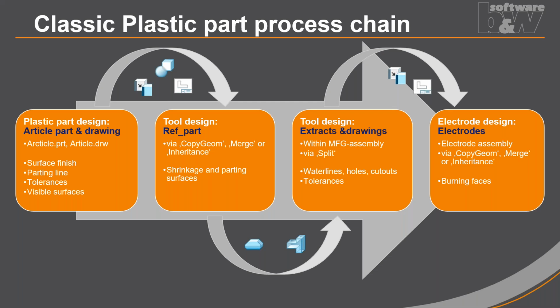In my example here, it's the electrode design department that is creating electrode assemblies and resulting electrodes. Again, they're usually using a copy geom, a merge and inheritance feature to copy the information from the former department. Finally, they're adding again information to these parts, burning phases and so on, to finalize their electrodes. In addition, from tool design, this information can flow directly into your manufacturing processes as well.